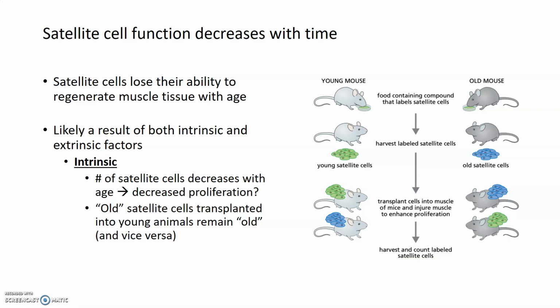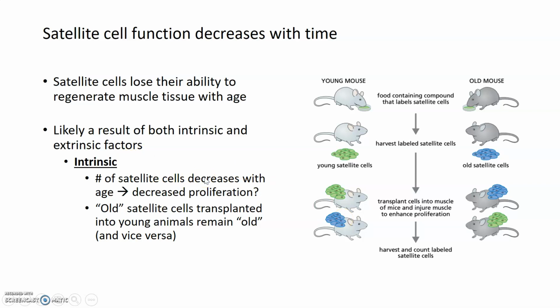The other evidence that there are intrinsic factors controlling satellite cell function is that if you take old satellite cells, or satellite cells from an older individual, in this case from a mouse, and then you transplant those old satellite cells into a young mouse, they remain old. They still don't divide as well.